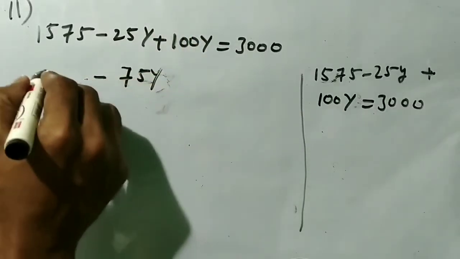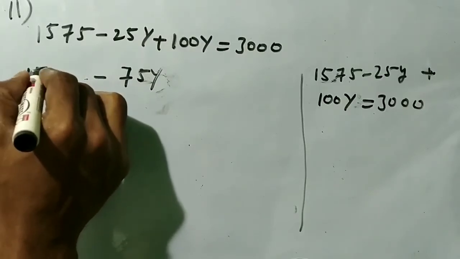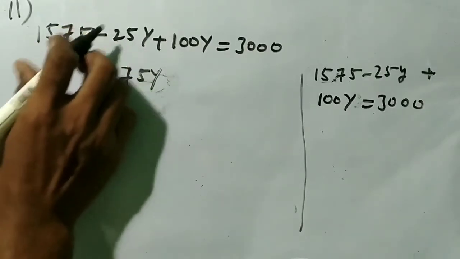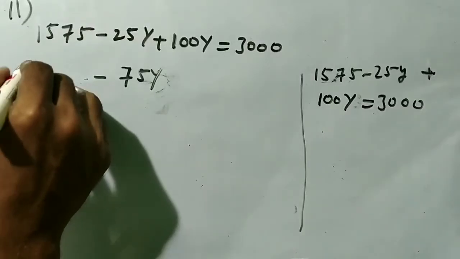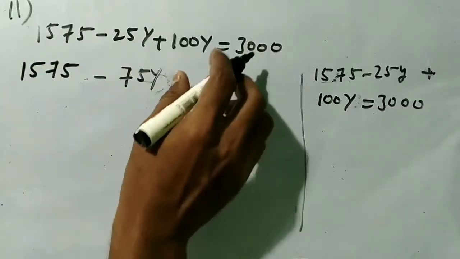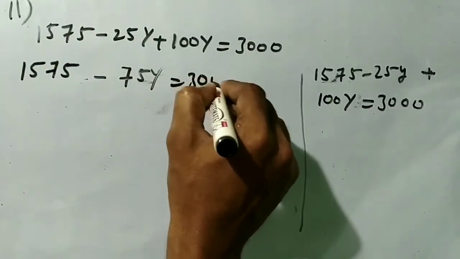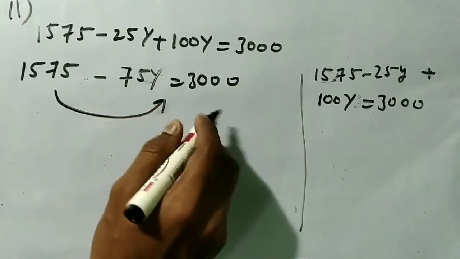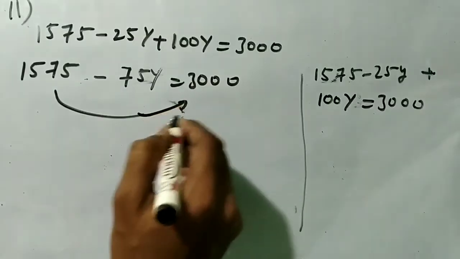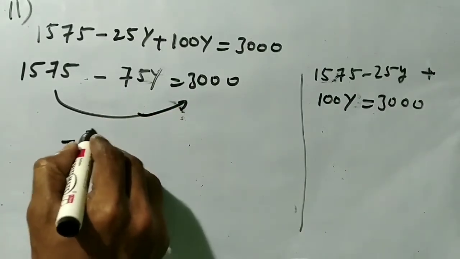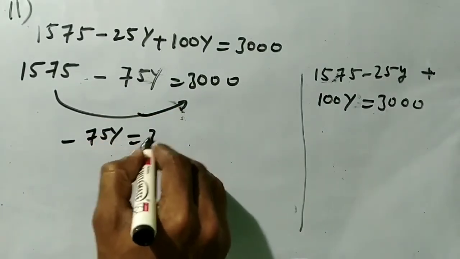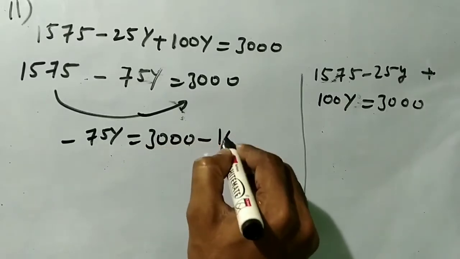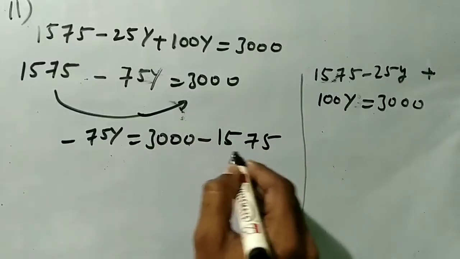So 75y minus 1575 is equal to 3000. Here 1575 goes to the RHS and it becomes minus. So 75y is equal to 3000 minus 1575.